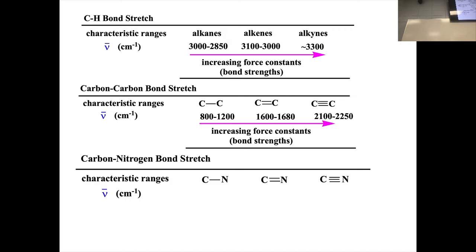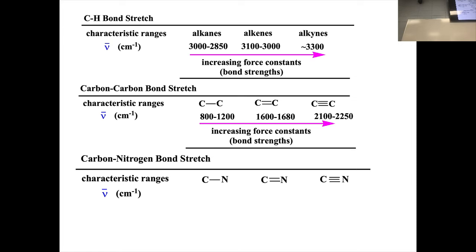If I look at the carbon-nitrogen bond stretch, I'm not going to throw it up there yet. Tell me approximately where we'll see a C single bond N. In what region? Fingerprint. That'll be the fingerprint because it's single bonds, right? We'll most likely see that in the fingerprint region. What about a C double bond N?